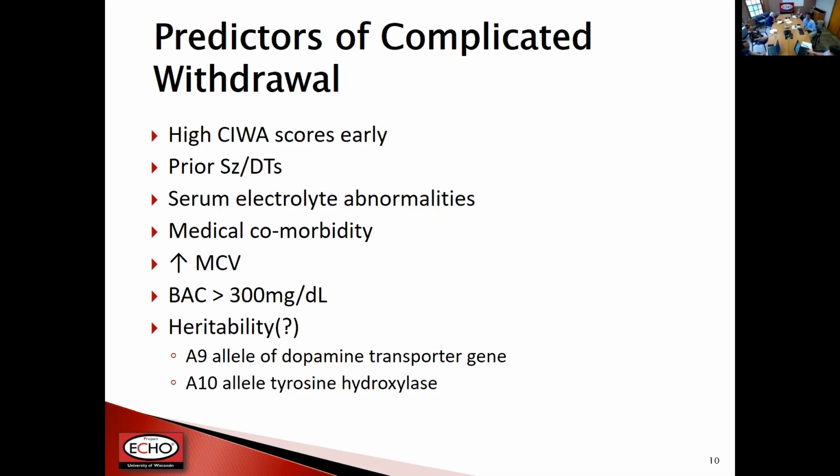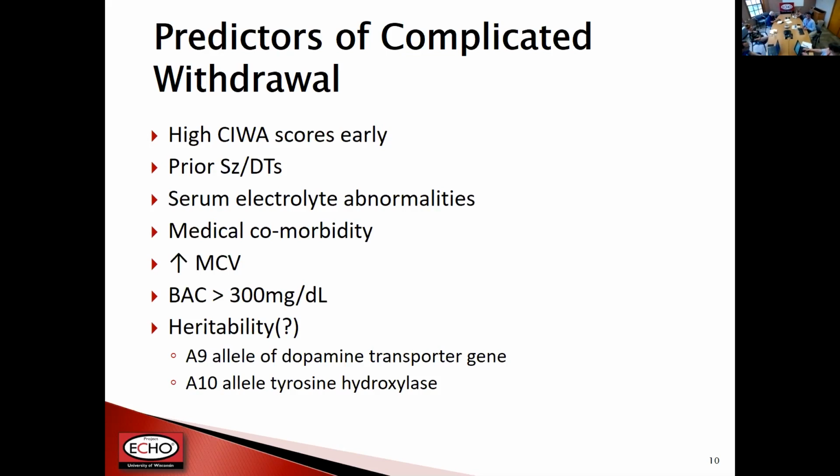Primarily, as you might suspect, individuals who have had an alcohol withdrawal seizure or delirium tremens previously are among the folks at highest risk for experiencing it again. So important to gather that piece of history.